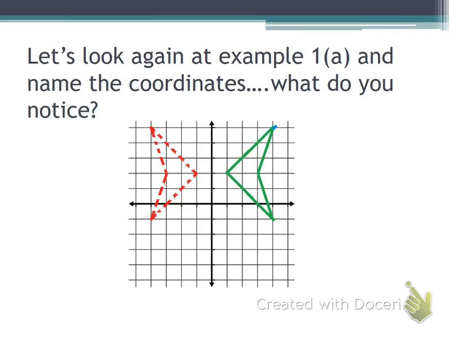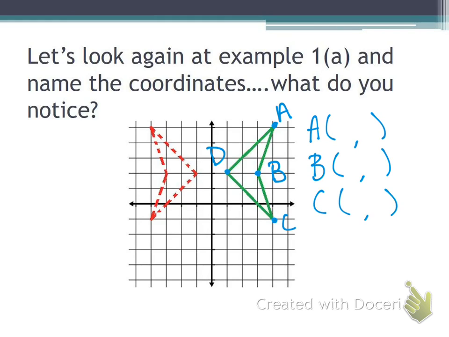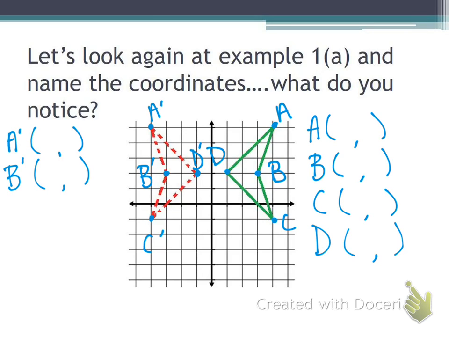So on 1A, again, I'm going to call these A, B, C, and D. And then on the other one, the image, I'll call them with their primes. I'll give you a minute to get those filled in before we go through them real quick together.